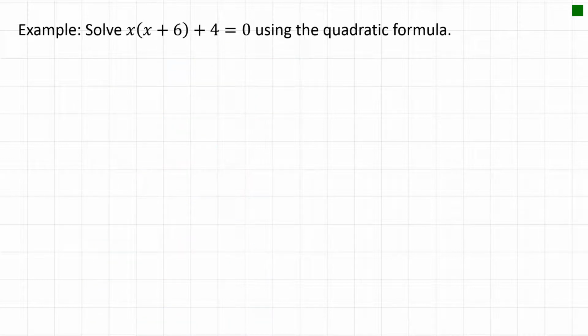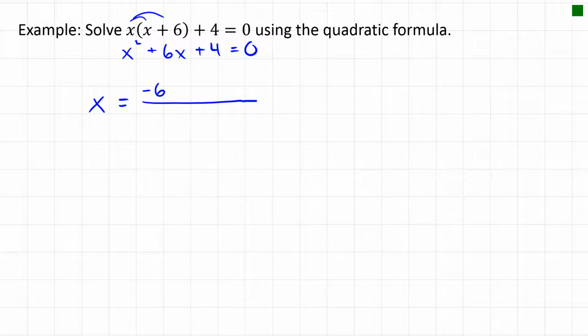If an equation isn't written in quadratic form, then in order to use the quadratic formula, we just have to write it in that form. So expand out this multiplication, so x squared plus 6x plus 4 equals 0. And now we have a quadratic equation that we can plug into the quadratic formula. So x equals, and we have our big fraction, and it will be negative b.